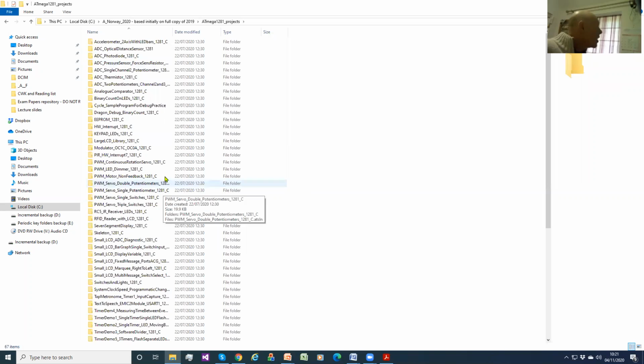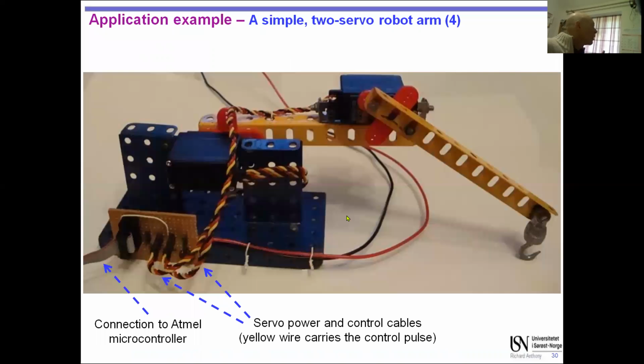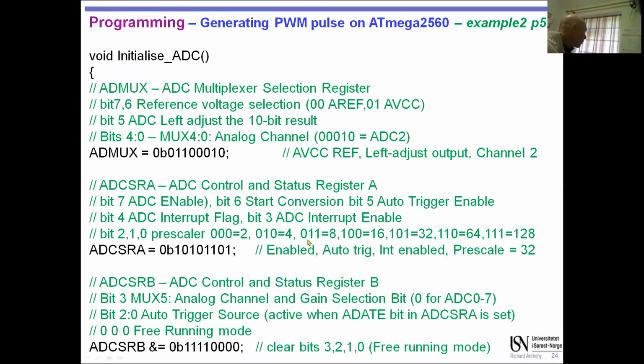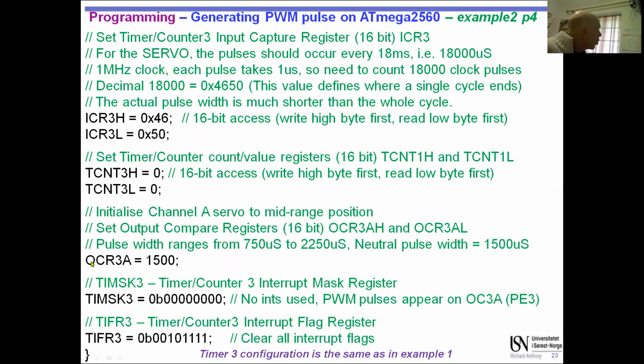Basically, if I show you the difference by coming back to this slideshow, and we go back to where that timer setting is, what you would have is separate values for 3A and 3B.